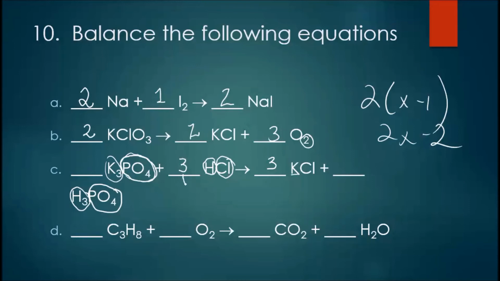Nope, because you forgot to distribute. All right, so Nicole, let's go back and make sure everything's fine. Let's erase all this. How many K's? How many PO4s? How many H's? How many Cl's? Good job, Nicole.